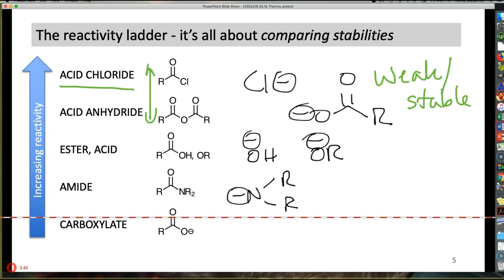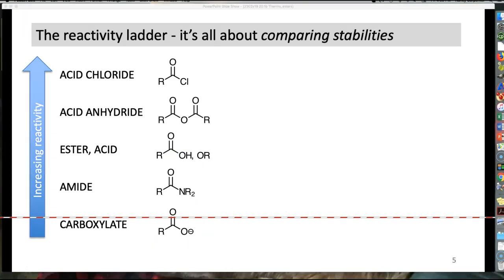If you open up a bottle of an acid chloride, you'll see a lot of fuming from reaction of that acid chloride with moisture in the air. The fuming on an ester is none.